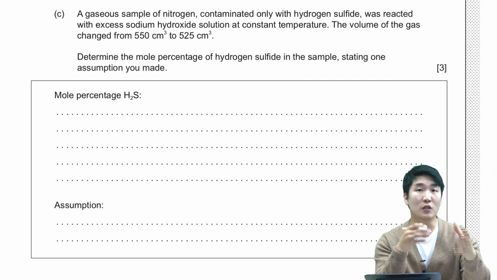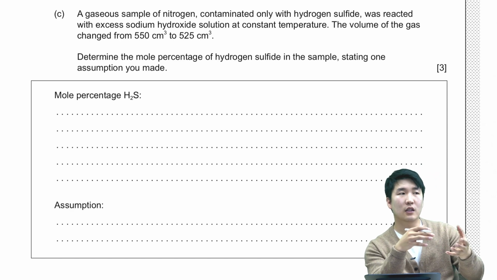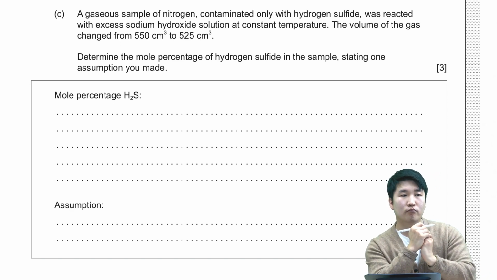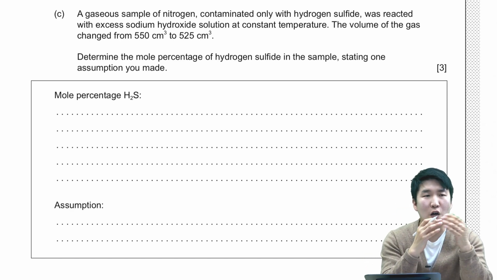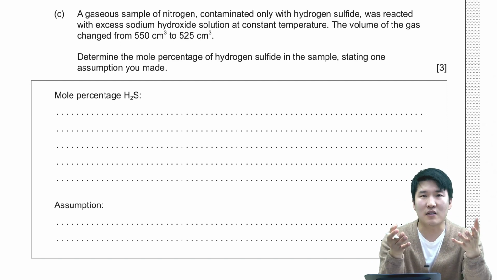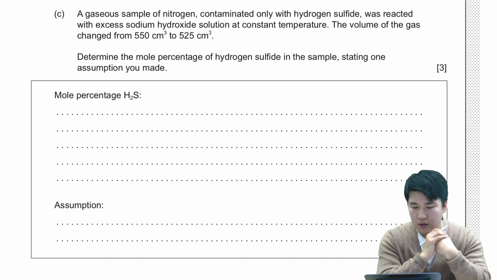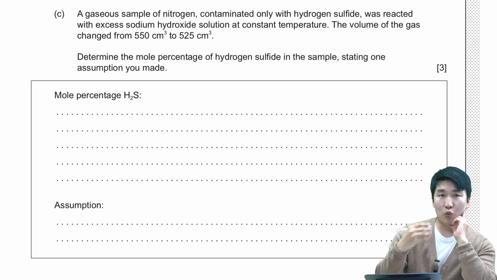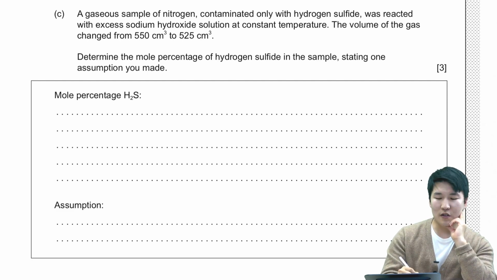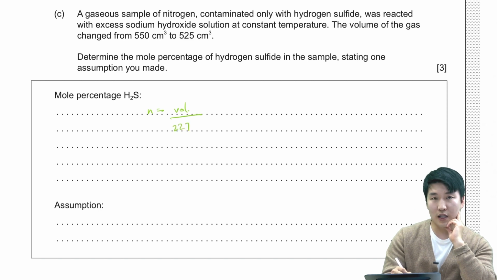What we need to do is work out the moles of hydrogen sulfide and divide that by the moles of gas present in 550 cm^3. So what equation do we need to use? We need to use n equals volume of gas over 22.7 dm^3 per mole.